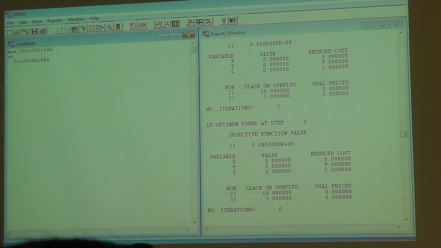Similarly for metal and labor, I use 2 times C plus 1 times T plus 1 times D units of metal, and I don't want this to be more than 360.